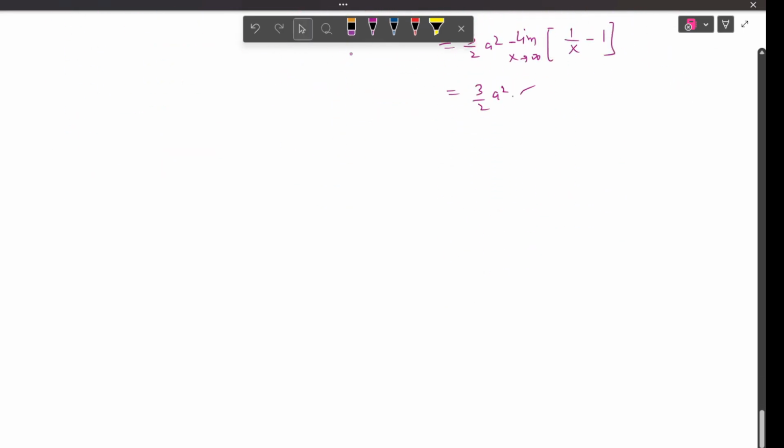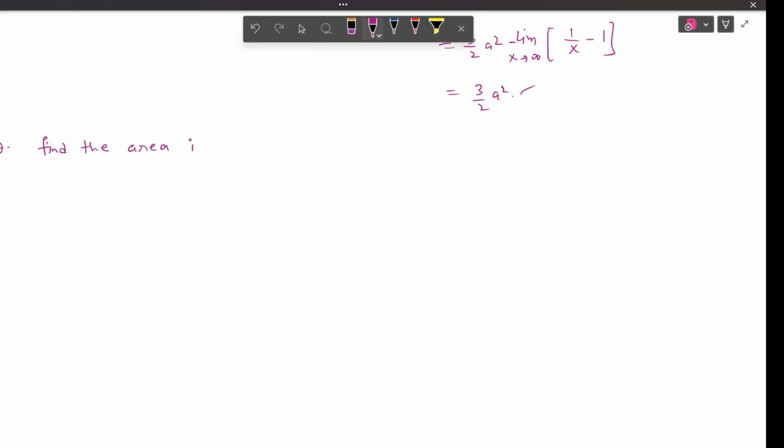Now let us see our last question, which is find the area included between the catenary. See, a catenary is a chain when it is hung from two of its ends.